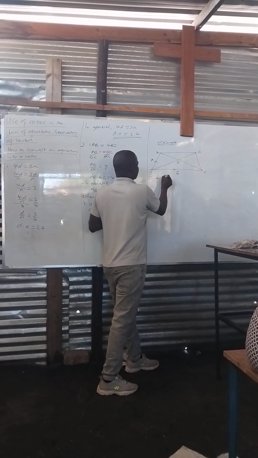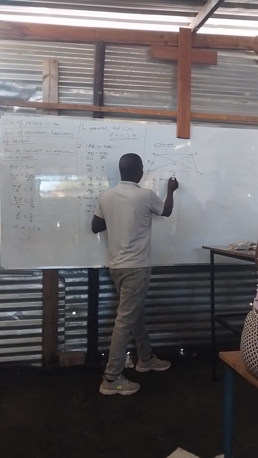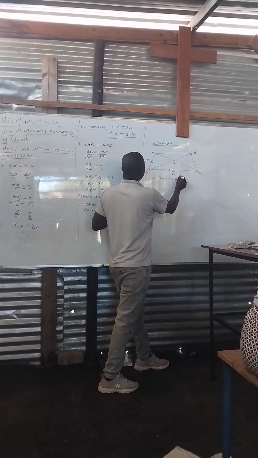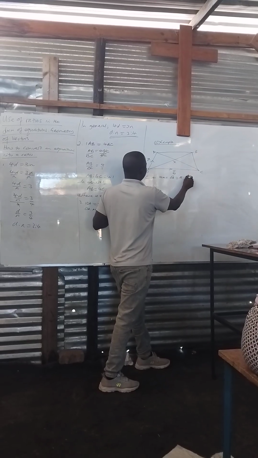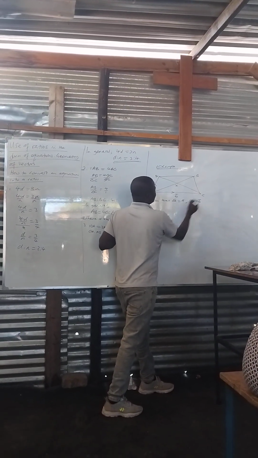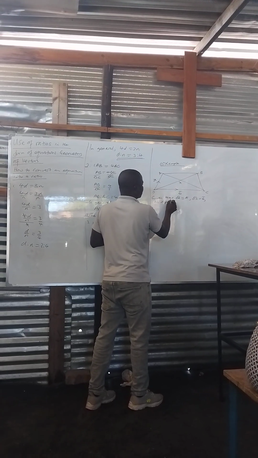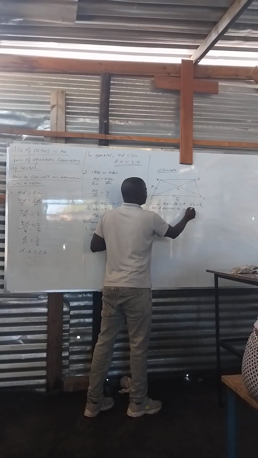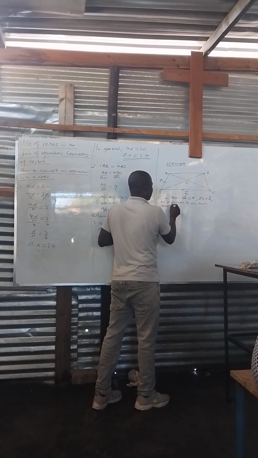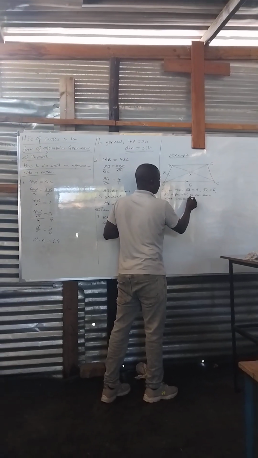Given that OA is equal to vector A, OC is equal to B. AB is parallel to OC such that OC is 3 times AB.